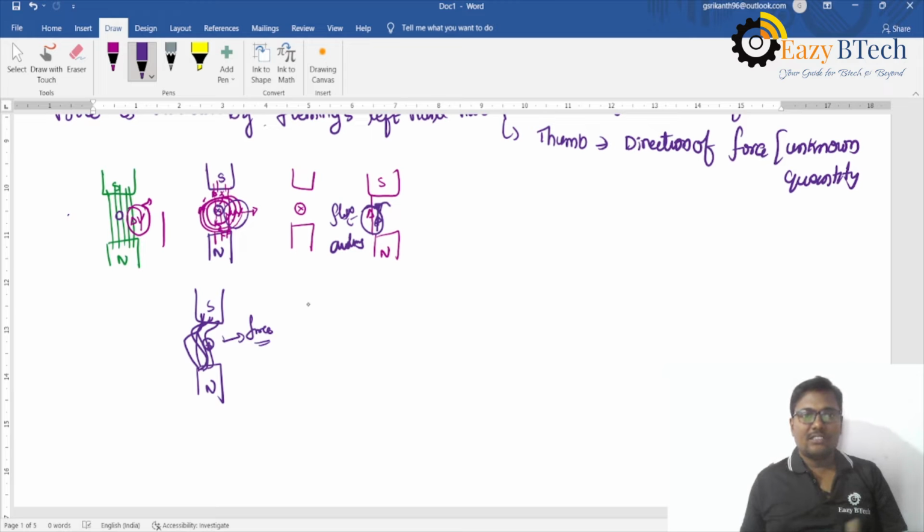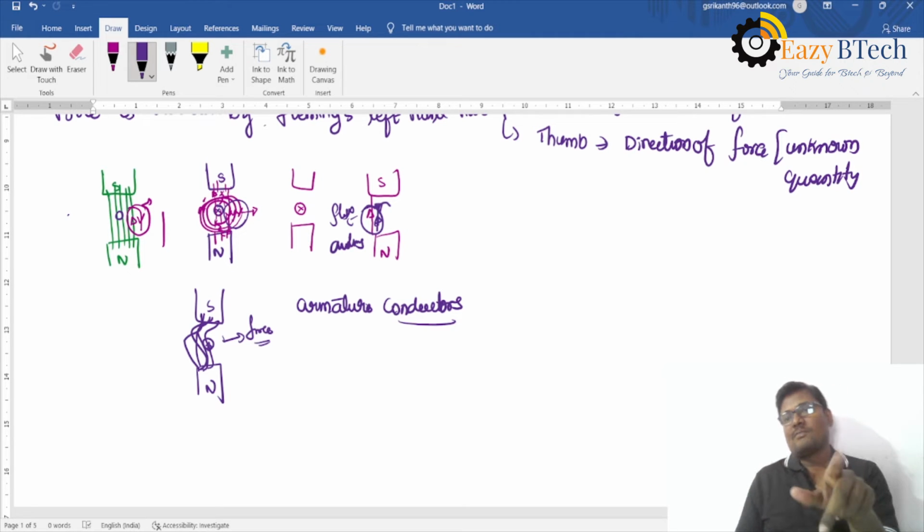Due to this, there is a tendency to rotate the armature conductors. In which direction? By applying Fleming's left hand rule. See, this is the north pole and south pole, and suppose a conductor is here. The flux lines are coming from north pole to south pole, and the current is into the conductor.